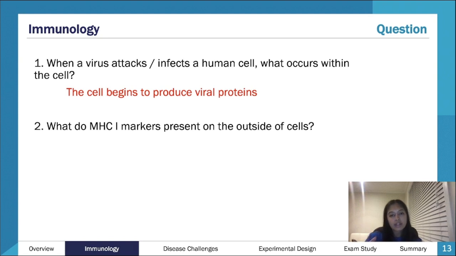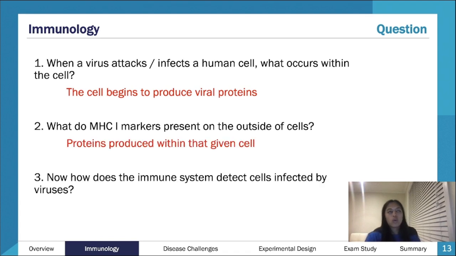If you're infected with a virus, you're making viral proteins, so you're going to be displaying those on your MHC1. That's how the immune system detects cells infected by viruses. Your windows will be displaying your viral particles.